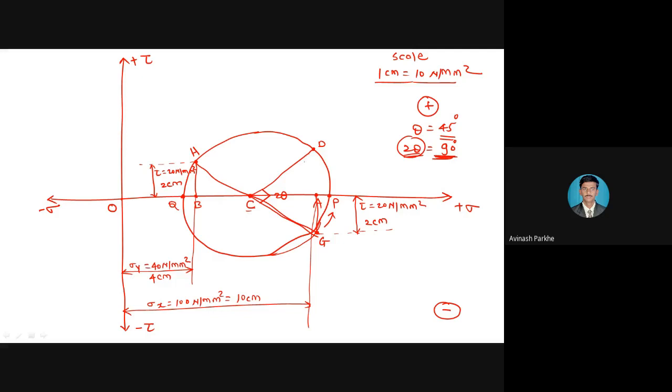Now the remaining procedure is the same. From this point D, draw one vertical line in the downward direction. On the horizontal axis you will get a new point, capital E, like the previous case.